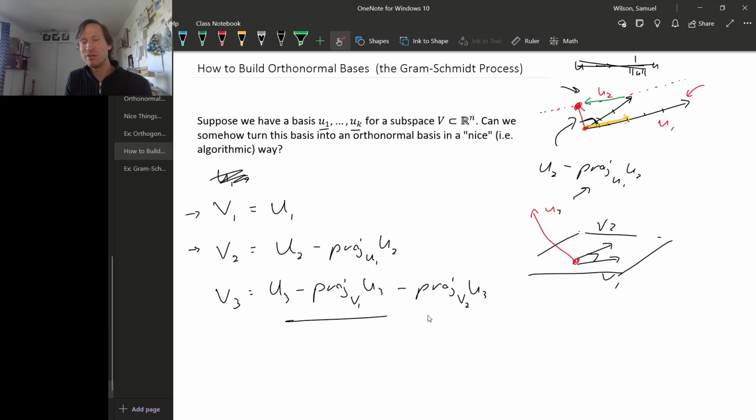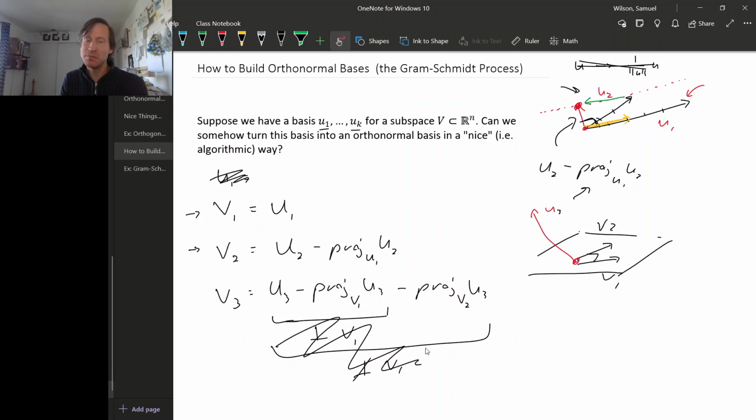Because this first difference, u3 minus this first projection, is perpendicular to v1, because this is just the orthogonal complement relative to v1. It's possible that subtracting this other vector will make the entire thing no longer perpendicular to v1. But in this case, this doesn't actually happen.